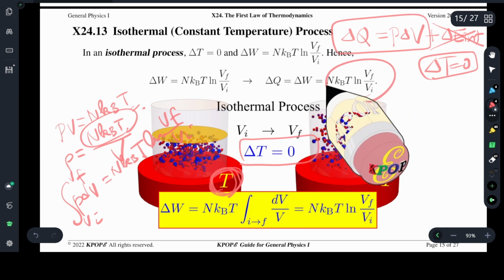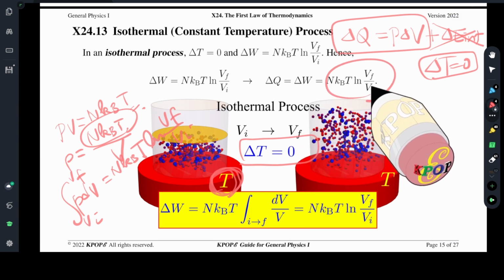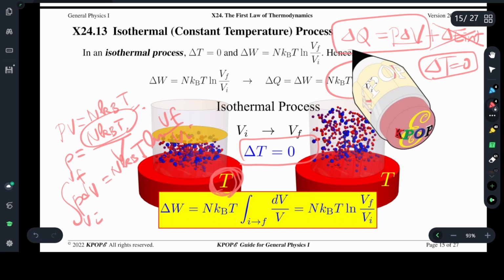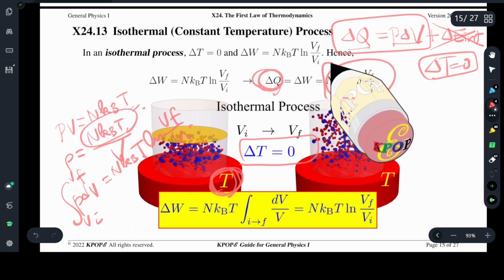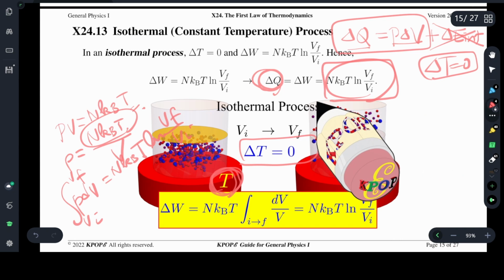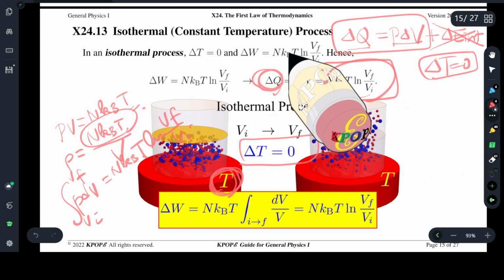This is the work done by the system. Because they are the same, the heat supplied to the gas should be the same as this. Okay?